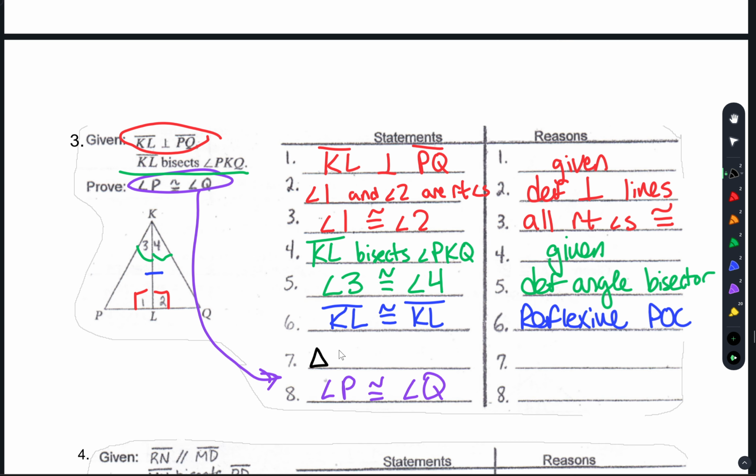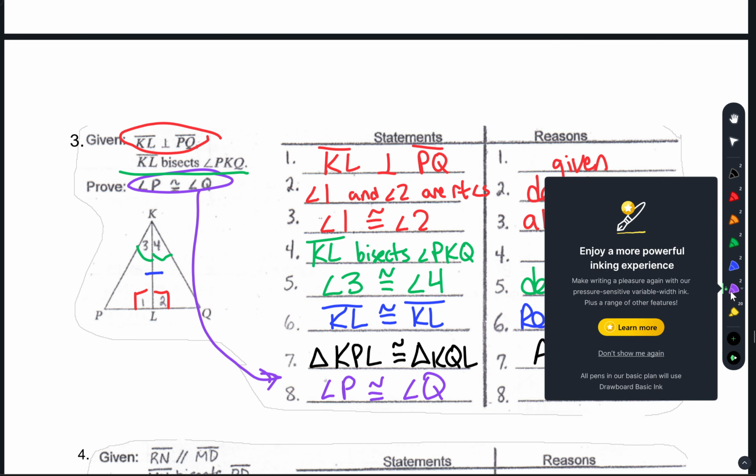Let's go with, I'll say KPL here. Is congruent to triangle what? Line it up. If I said KPL, the other side is, Aubrey? KQL. Why? What's the reason? Casper? Perfect. Side is sandwiched in between 2 angles.